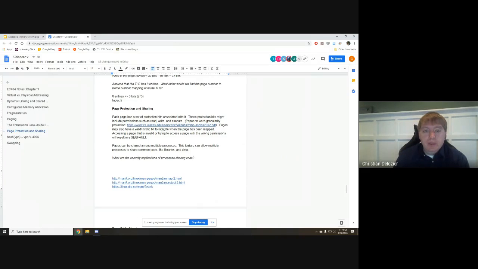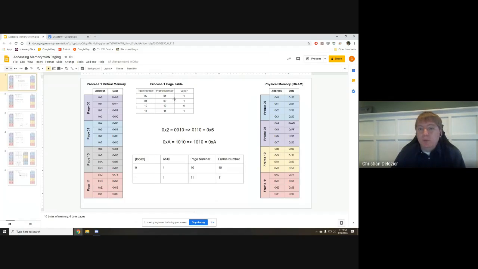Cool. So we talked about sharing a little bit already, and we should also talk about page protection. Normally this page table would have a little bit more stuff in it.